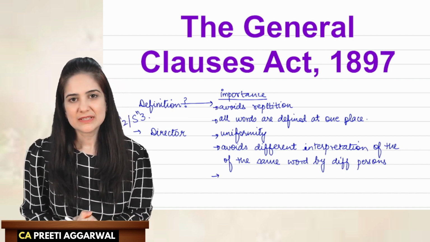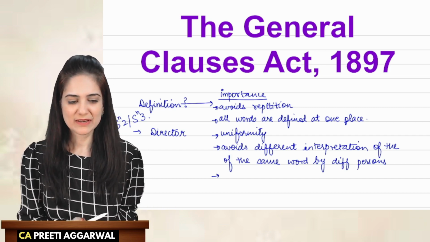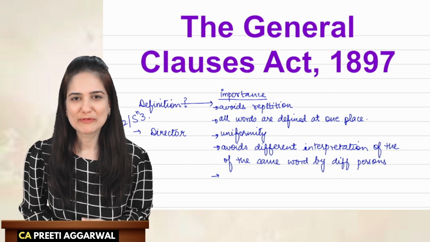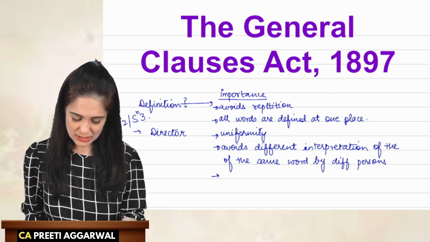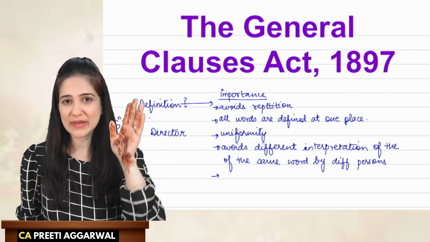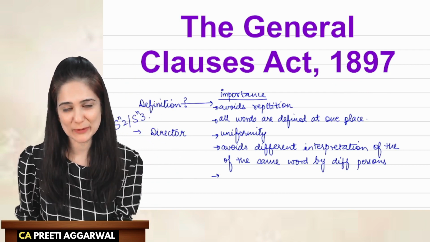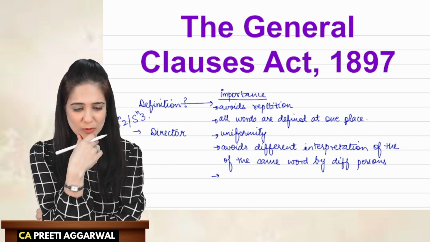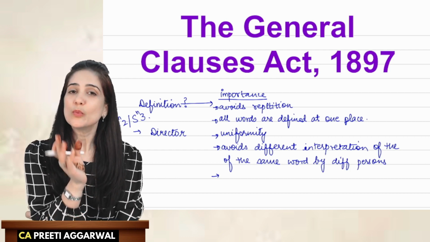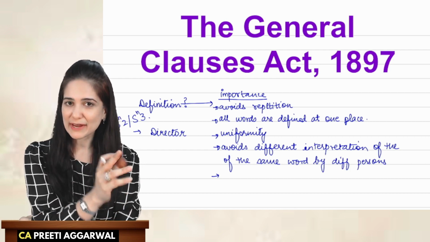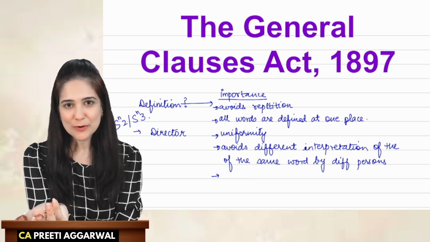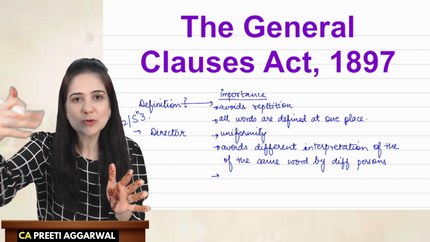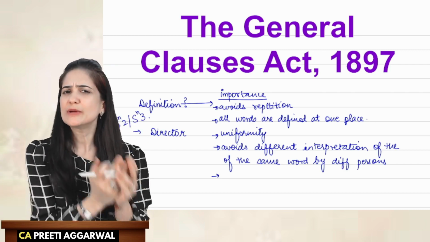The lawmakers are humans, and we humans are mortal. Everybody will go away one day or the other. These laws are very old. They were made by a lawmaker who may not even be alive right now. In case we have a query, what is the meaning of this word, which is nowhere mentioned in the act, will that lawmaker be available to clarify our doubts? No. So by defining the word, he is allowing future users to attach a particular meaning to that word.